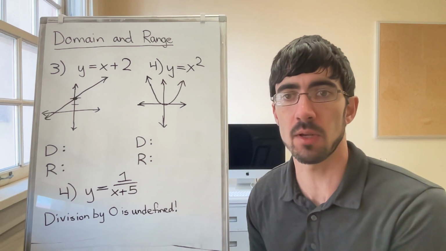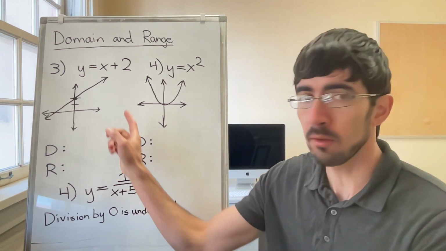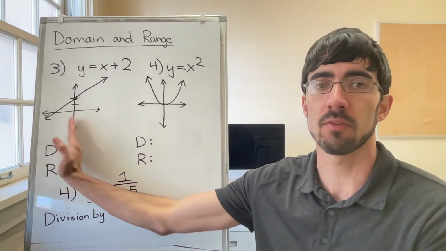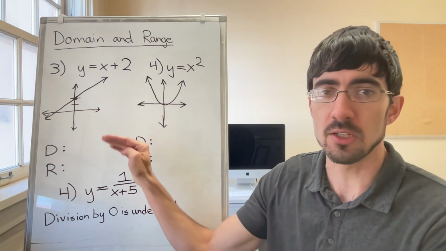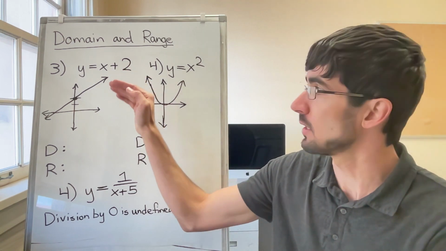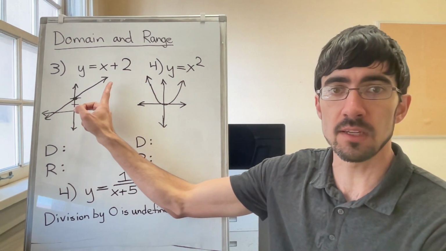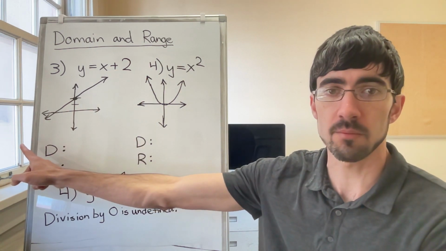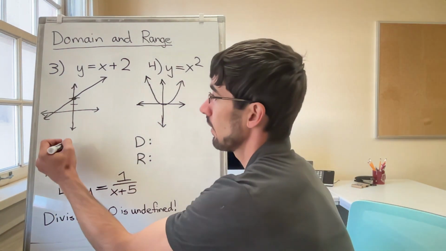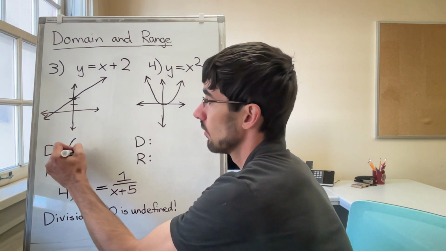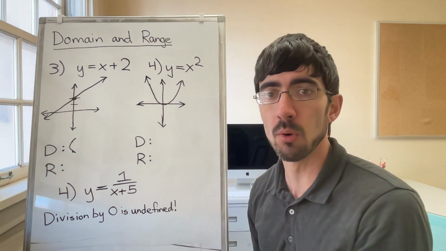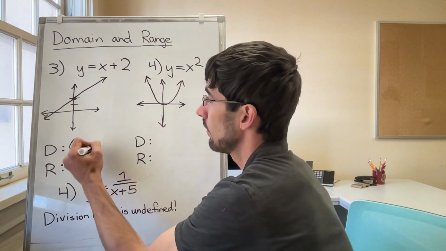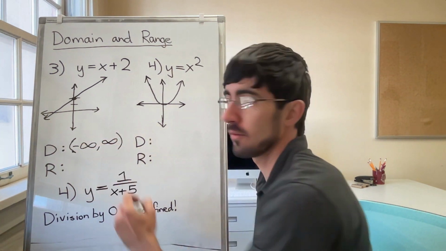What's the domain and range of a linear function? Well, look at the graph. Think the domain is all the x values from the left to the right. The range is all the y values from the bottom to the top. This graph extends infinitely in this direction and in this direction. So the domain of this graph is all real numbers, or in interval notation, we say it goes from -infinity to +infinity.